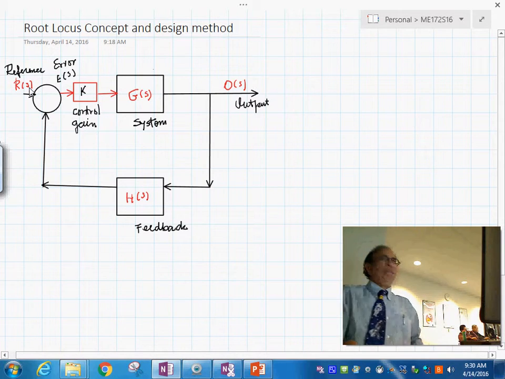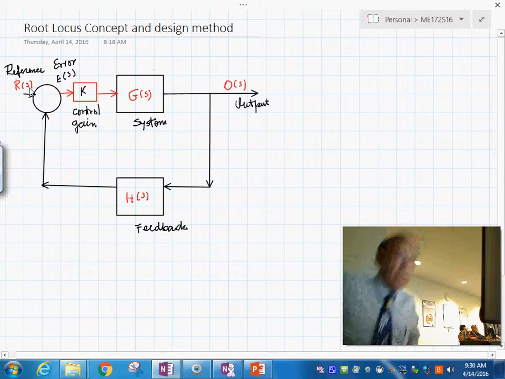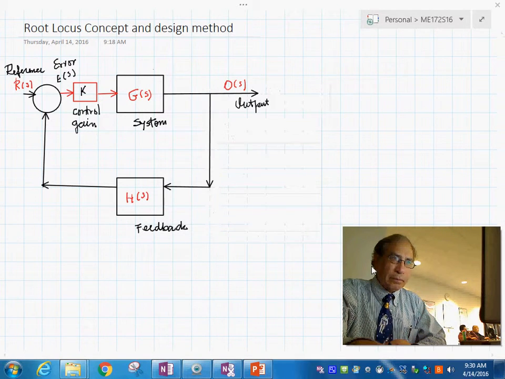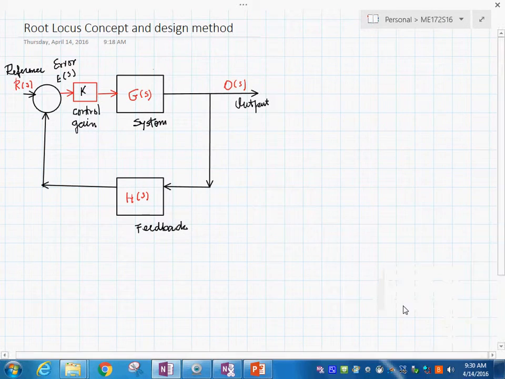Again, just to make sure we are on the same page, let's say you want to control the temperature of this room, so let's identify the parts. This is the room.